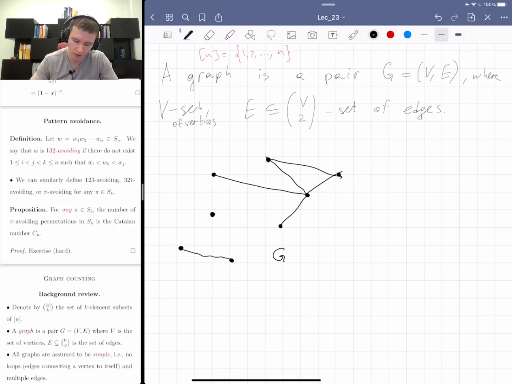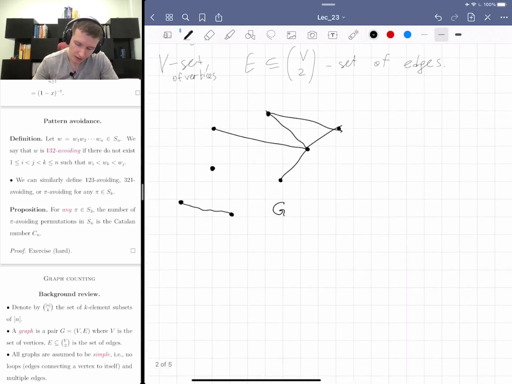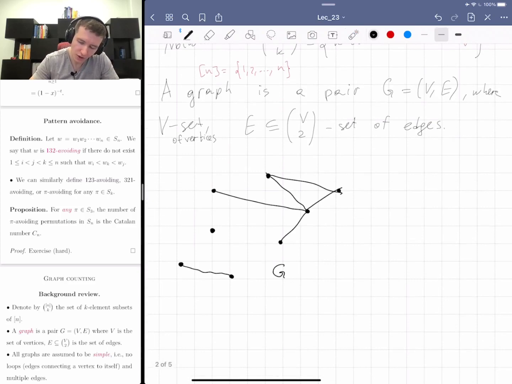Maybe that's G. The vertices are the dots, the edges are the lines. In general, in graph theory, you would allow edges which connect a vertex to itself, or multiple edges between two vertices. I'm usually not going to allow that, and that is already excluded by this definition, that E is a subset of V choose 2.